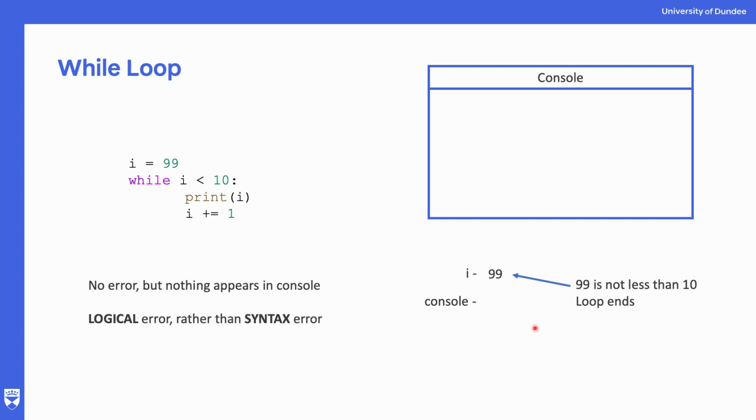The Python development environment is not going to tell me something is wrong. It's a logical error, and these are the harder ones to find. So anything you can do to develop your process of keeping note of things on bits of paper, being able to work through loops and what values are in which variables, is going to help you find issues like this, why something didn't print when you expected that it might.